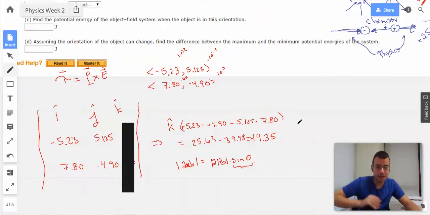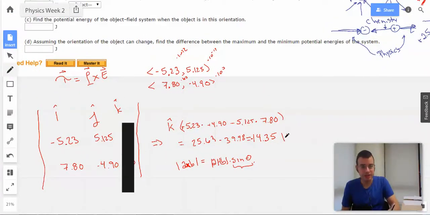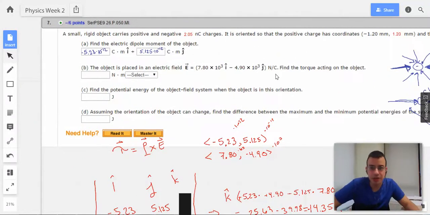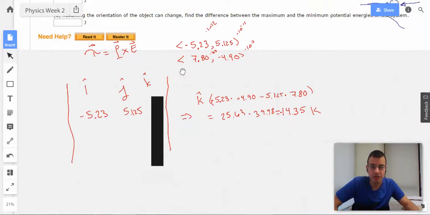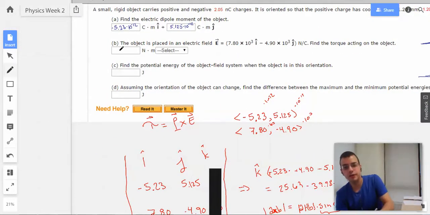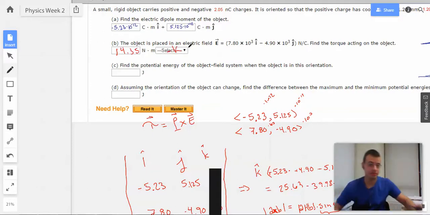Oh, need to add a direction here. And this is K. So the way we're going to do this is find the torque acting on the object. The torque is going to be in the K direction. I'm going to say the torque is 14.35, and it's going to operate in the negative K direction.